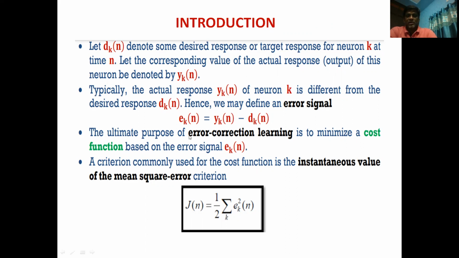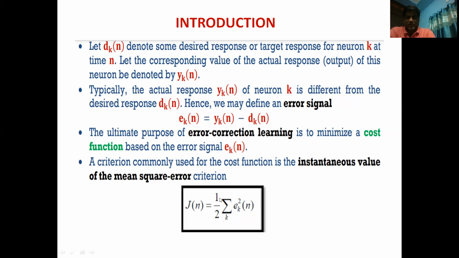The general purpose of error correction learning is to minimize the cost function, which will be based on ek of n, and the cost functions are of several types. One example is given here, which is well known to neural network designers, called the MSE, mean square error criteria, or cost function.